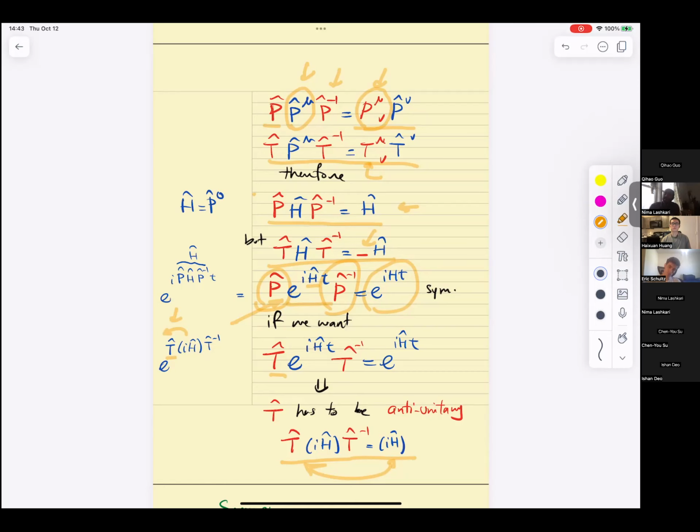So we ended up violating anything that was not really sacred up until CPT. It turns out that CPT in even dimensions you could prove using Lorentz invariance must be a symmetry of nature. In odd dimensions, it's a little bit of a longer story. You could still prove it with some assumptions.